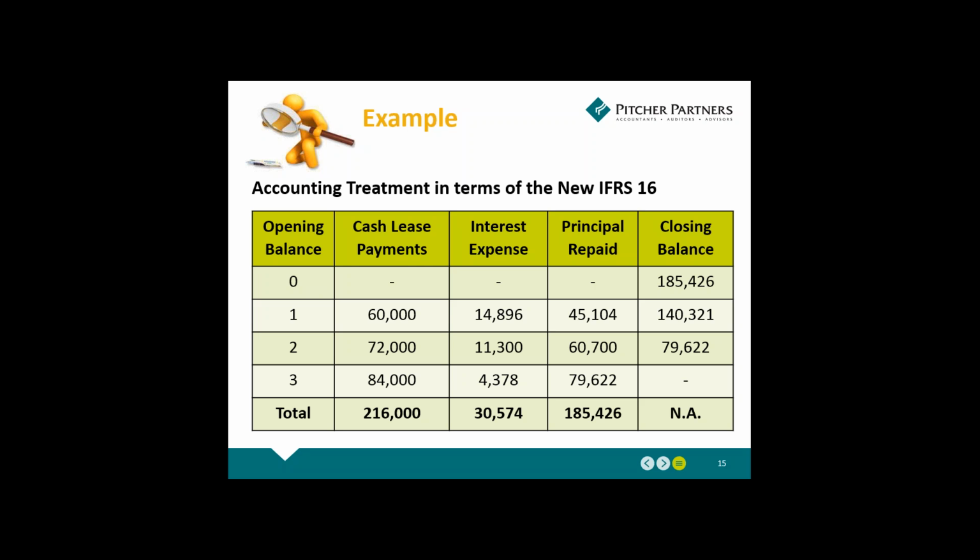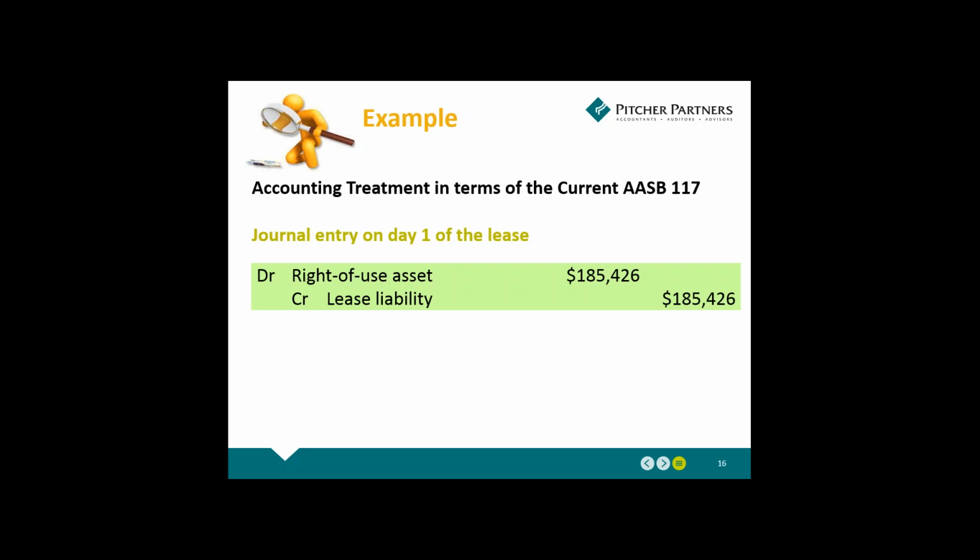So these numbers we now use to do the journals. How do we do that? On day one, when we enter into the lease, we will now say debit a right of use asset and credit a lease liability, the 185,426.